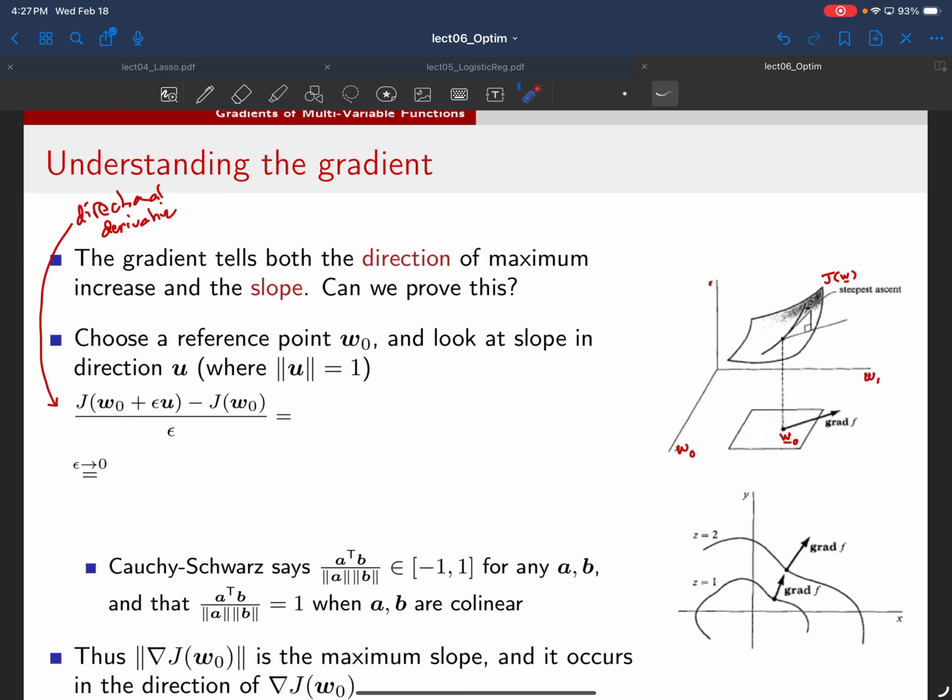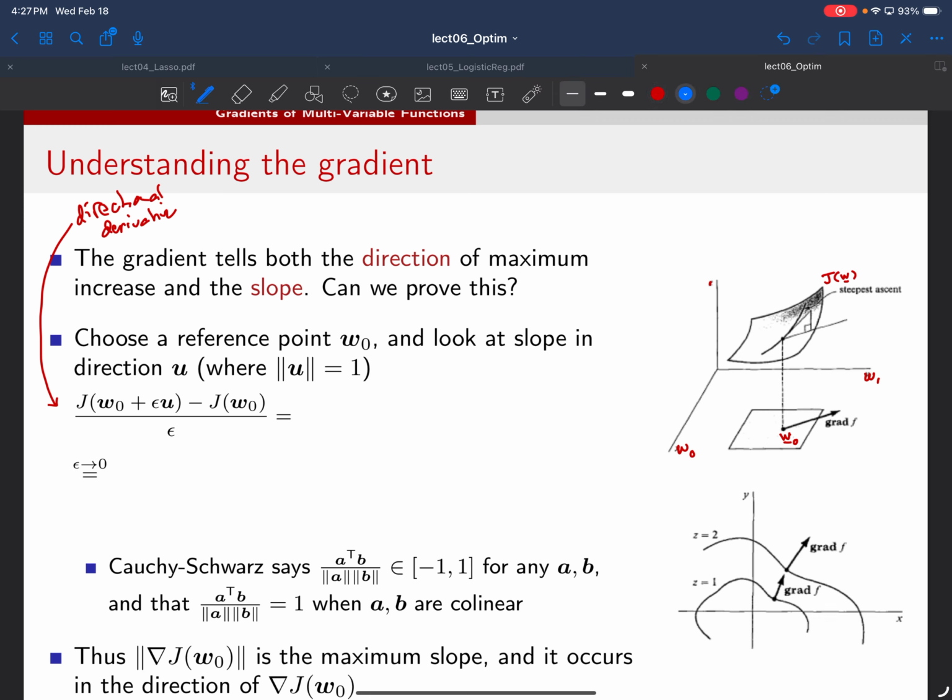We're going to move epsilon, some small number, in the direction of u. So the total distance we're moving, the total norm, is epsilon. And so this is the difference between where we were and where we're going, divided by epsilon, which is the length we've traveled. Is that directional derivative making sense? Okay, so now let's analyze this thing.